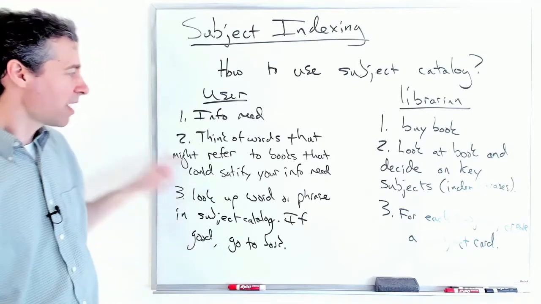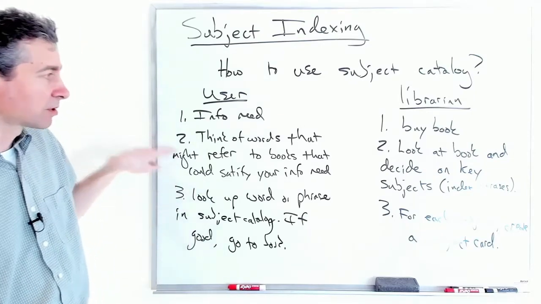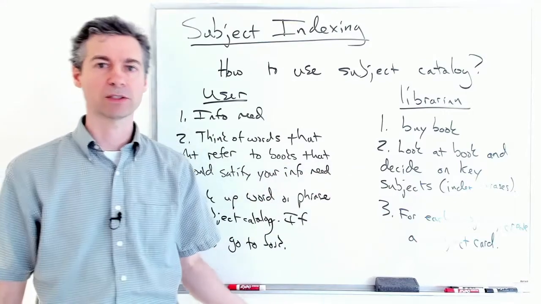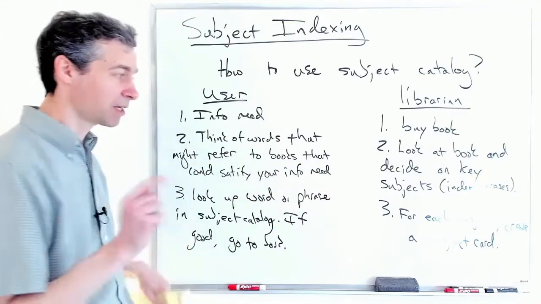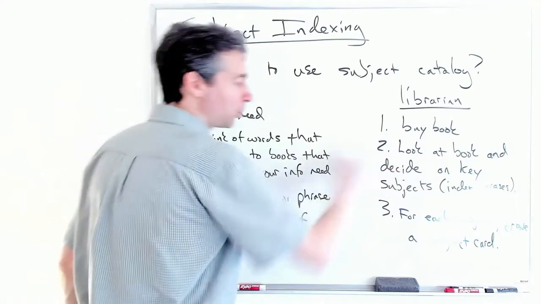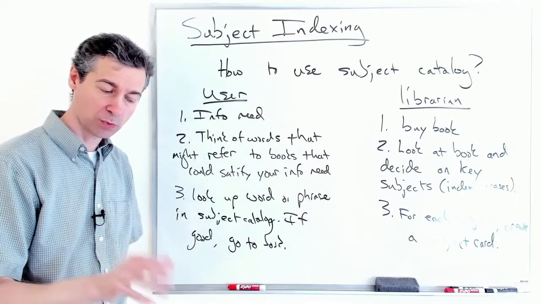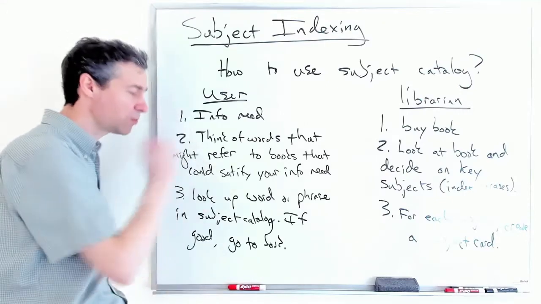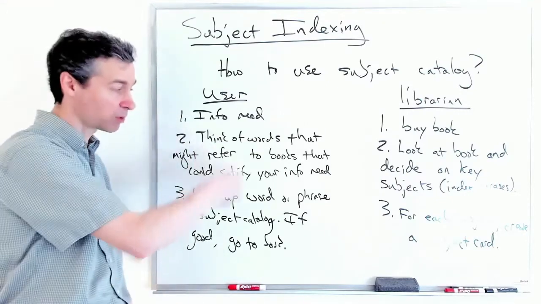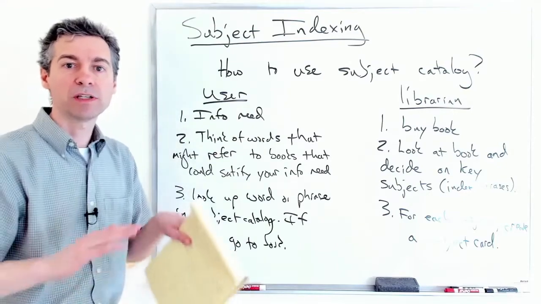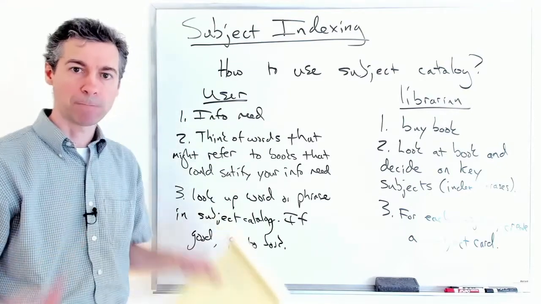Who is to say that these words are going to be these words? Oh my goodness gracious. Because if the librarian does not make a card for you with the word that you think of, or the words that you think of, because you might check a whole bunch of them, you cannot find that book.